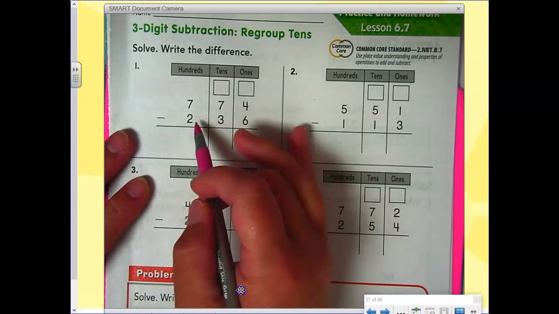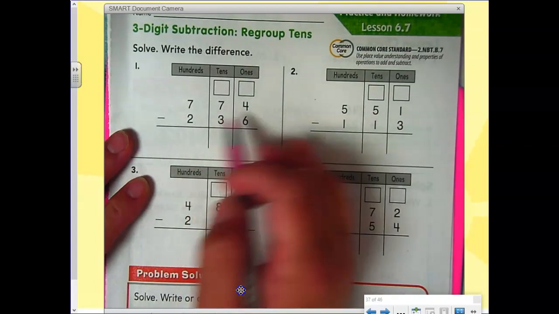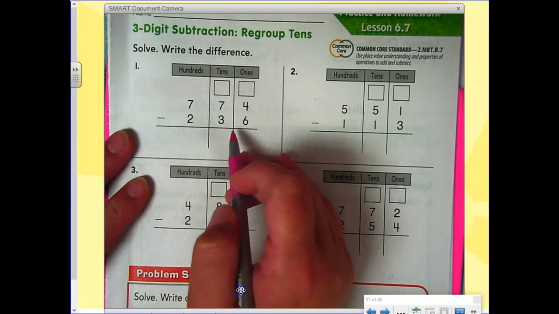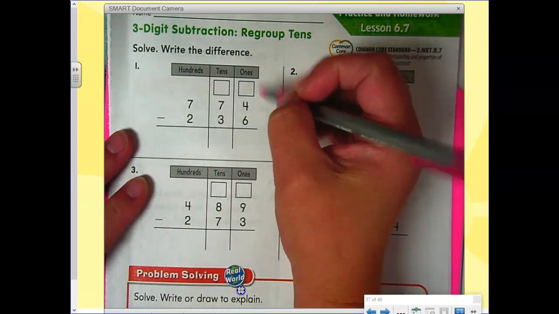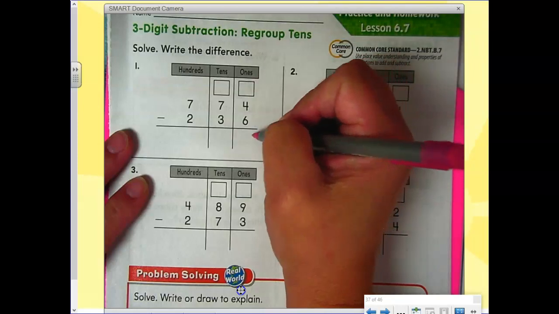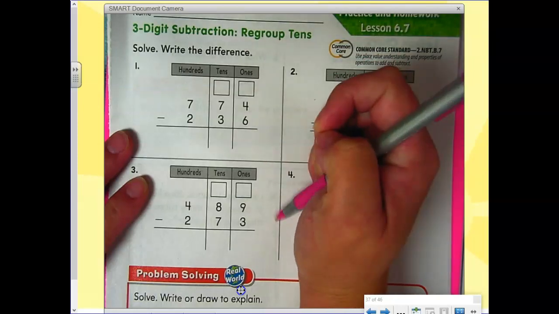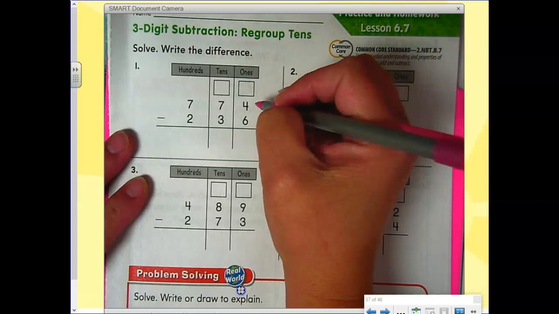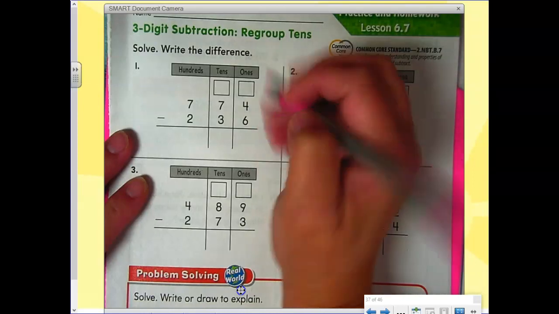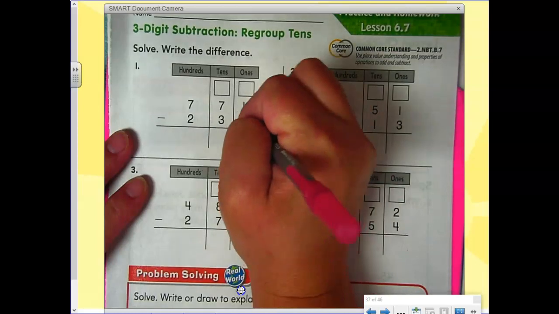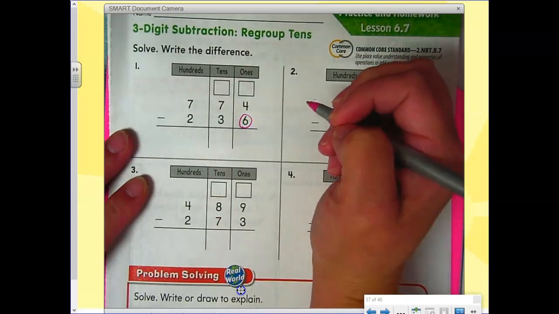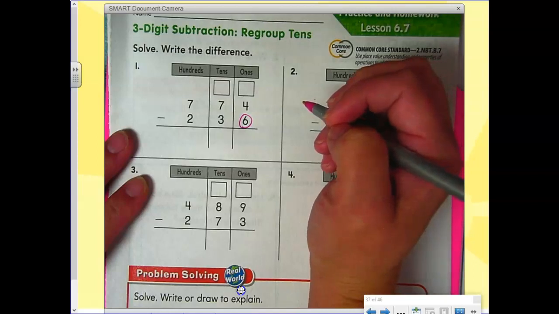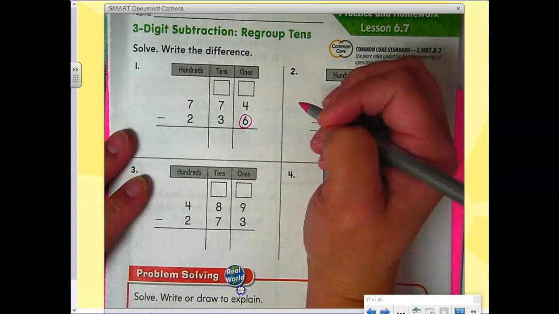So we have 774 minus 236. Start on the right. 4 minus 6. All right, first thing we need to do is circle our larger number. What is it? It is 6. If our big number is on the floor, go next door and grab 10 more.